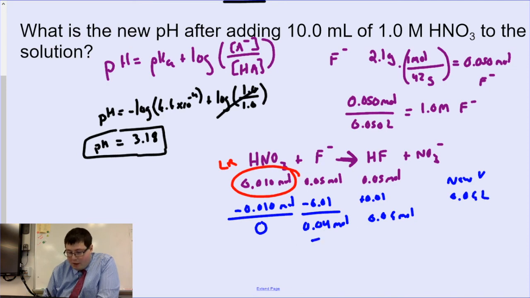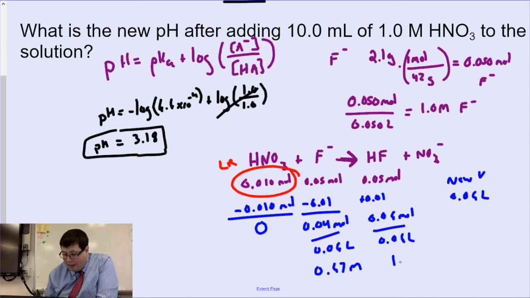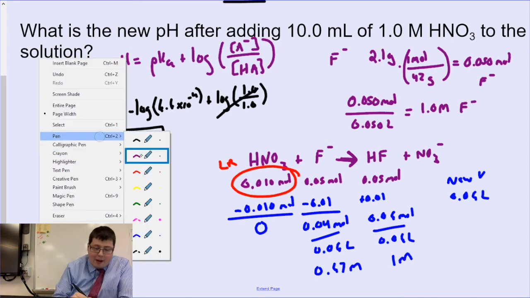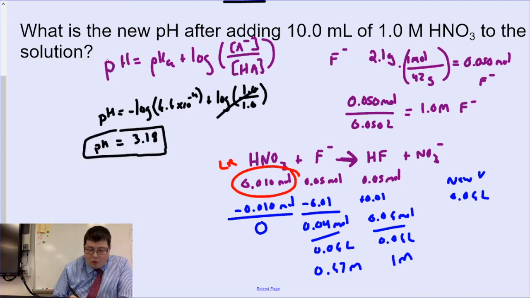And so when I calculate my new molarities, I've got to divide each of these numbers by 0.06 liters. And I end up getting here a concentration of 0.67 molar. And here I get a concentration of, again, just 1 molar. So from here I can finally plug in to my Henderson-Hasselbalch equation again.